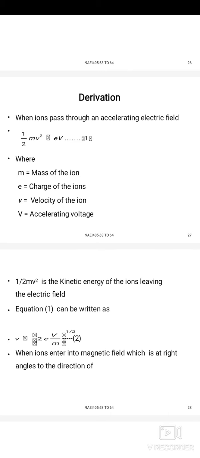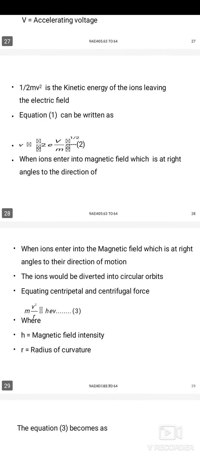This is equation 1, where m is the mass of the ion, e is the charge of the ion, v is the velocity of the ion, and capital V is the accelerating voltage applied to the electric field. Half mv square is the kinetic energy of the ions leaving the electric field.